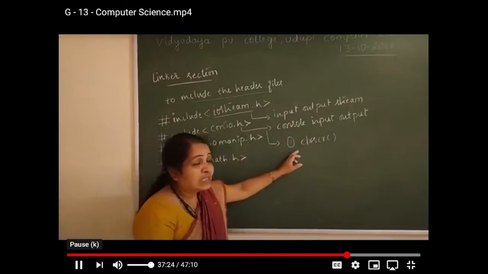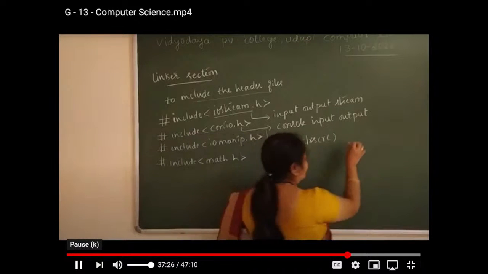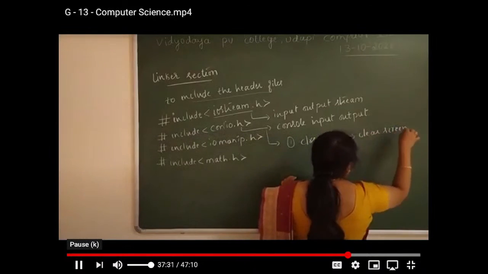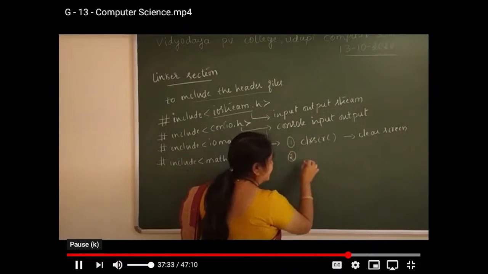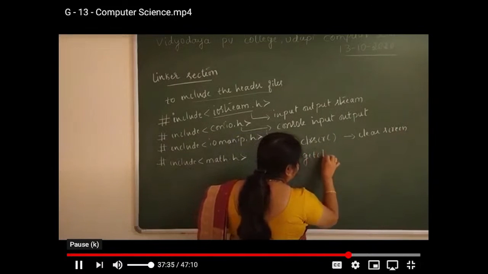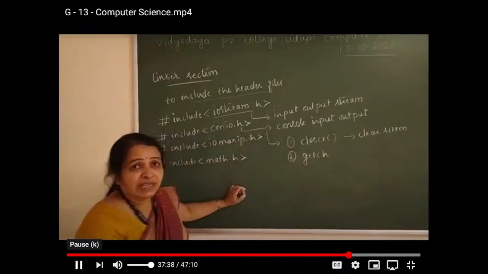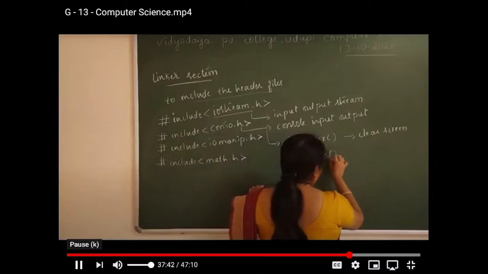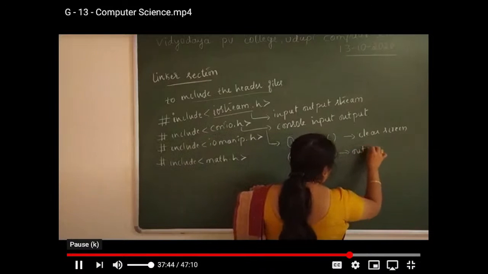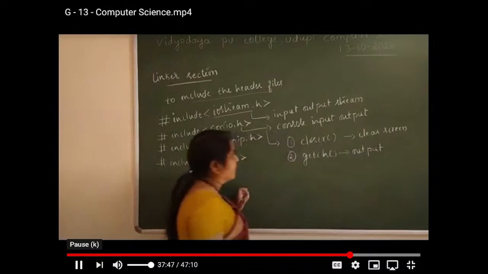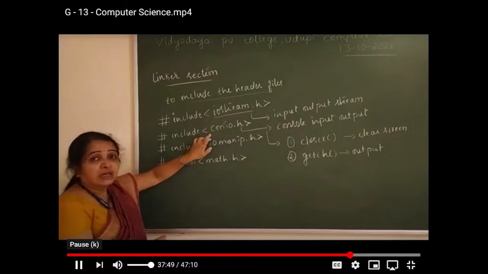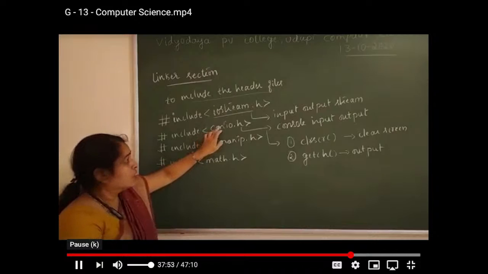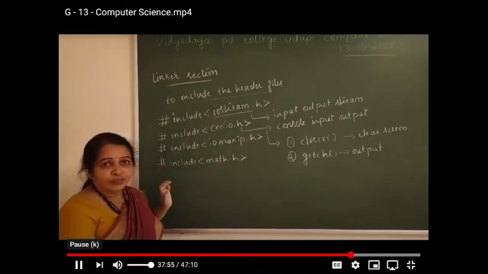This means clear screen. Okay? Then the second one is a function which we call getch. Okay? So this function is used to get the output. These functions are present in the header file conio.h. Console input output. Clear?